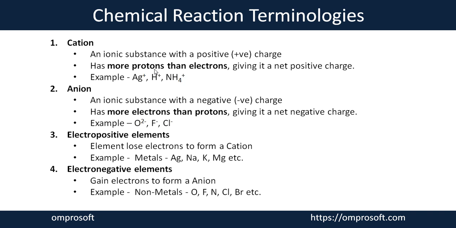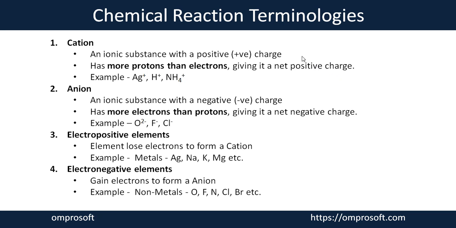As we know, protons in atomic structure have positive charge and electrons have negative charge. And if some substance loses electrons, the positive charge nature becomes stronger. So that substance, by losing electrons, moves towards the positive charge.